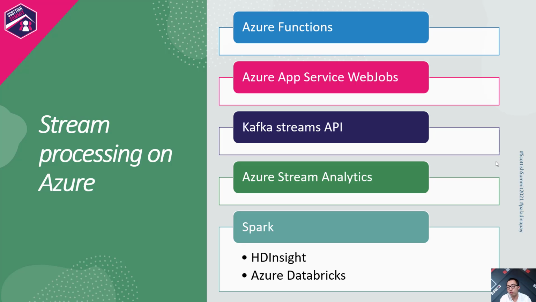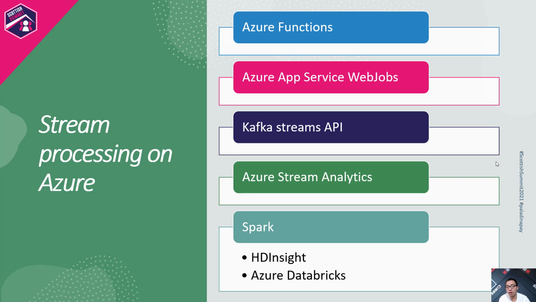Azure also supports the Kafka Streams API. Kafka, as an Apache open source platform, is good for streaming and also analytics, but it's not a first-class citizen. And plus, we don't have the knowledge of Kafka, so we decided not to use Kafka for this project.